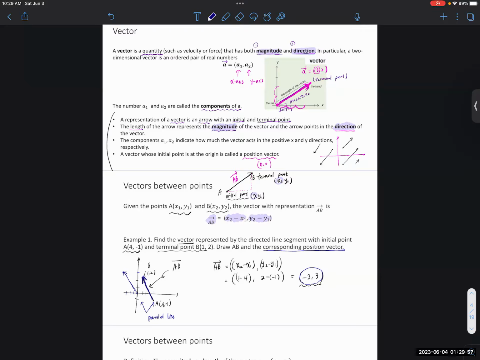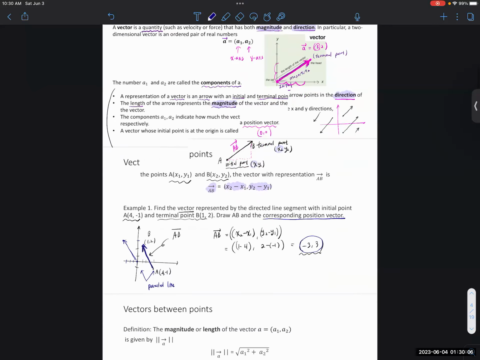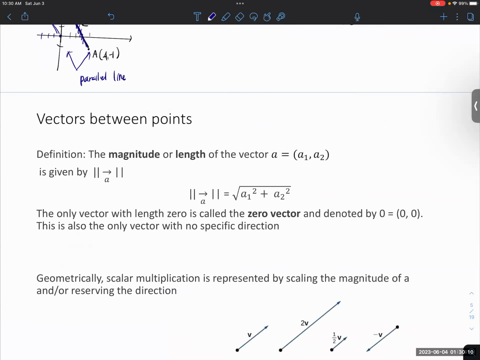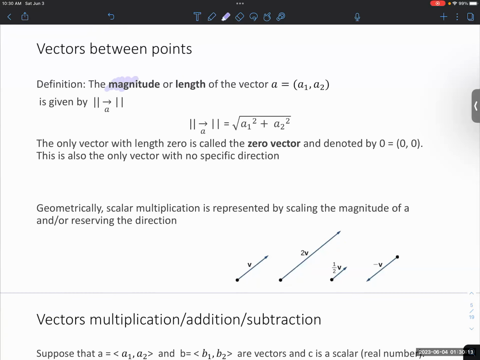Now I really want to measure the magnitude. So what is the magnitude? This is the length. Whenever you have a vector, I want to find this length. How to do that? Here's a formula. Let's say you have a vector A with components A1, A2.